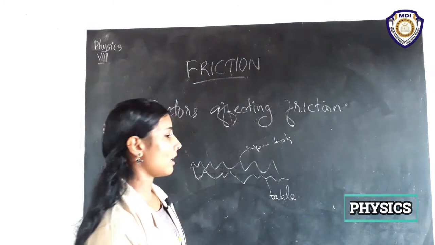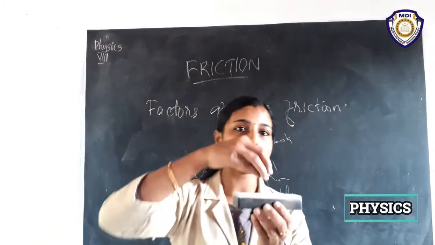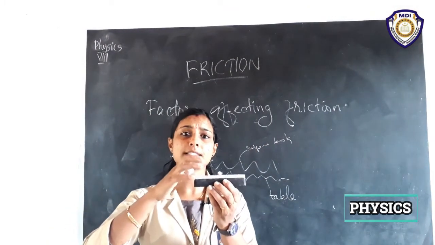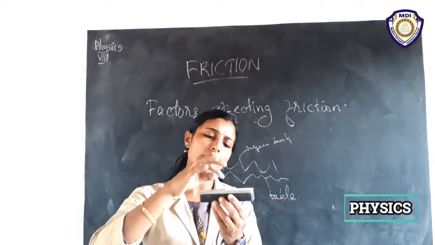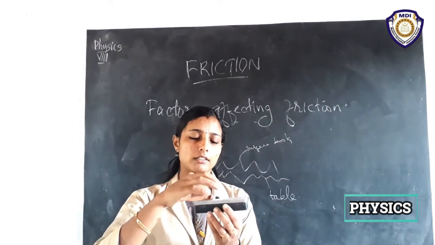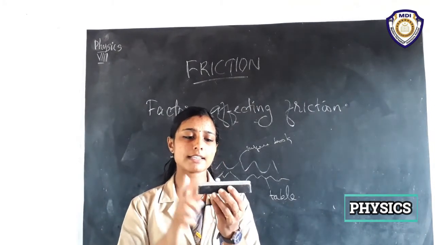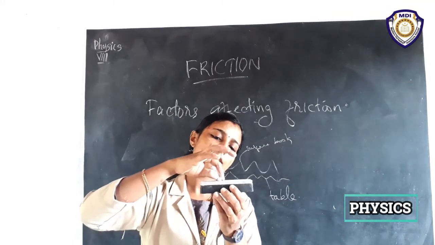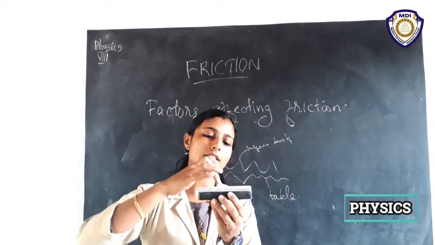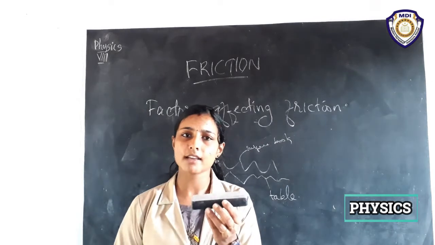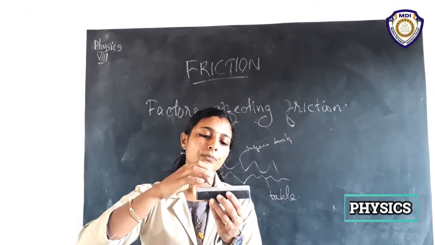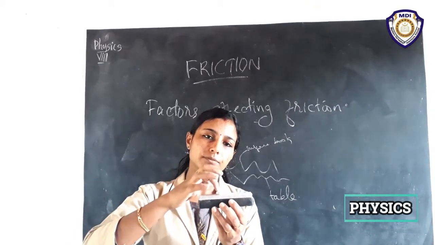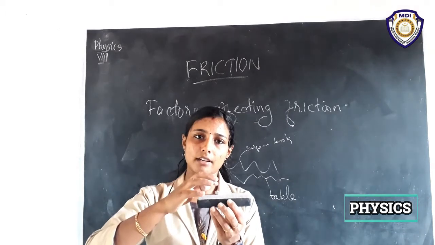If a book is placed here, suppose this is the table, or you can see this also, this is a duster, this is a chalk. This chalk surface has some irregularities, and also this duster surface has some irregularities. So it is tightly held here, right?